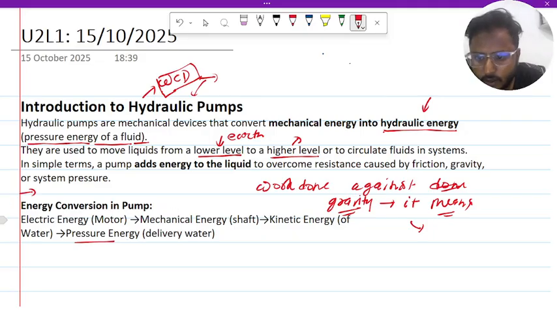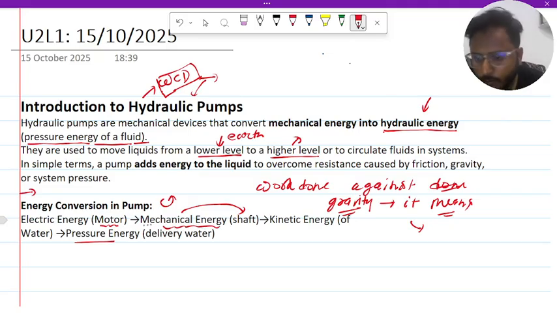Electrical energy is provided by the electrical supply to the motor. The motor provides rotational kinetic energy, which is given to the shaft, which is once again mechanical energy.